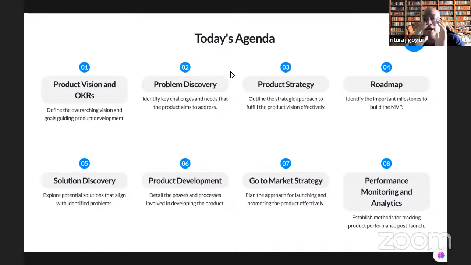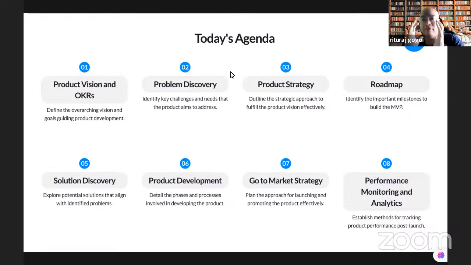Okay. And once we have the strategic pillars identified, we will then move on to what we call the roadmap that will help us determine the key milestones that will help us build the MVP. And once we have the roadmap all locked down, we will then move on to what we call the solution discovery, wherein we will explore potential solutions to the problems that we have identified earlier. And once we have those solutions in place, we will then move into what we call product development. And then there will be multiple stages within product development.